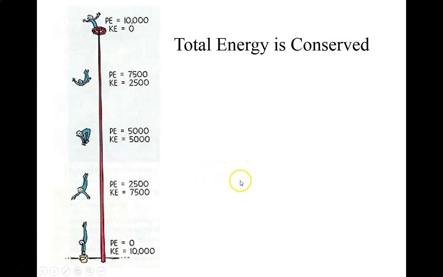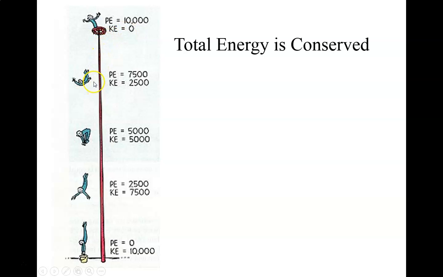So just to throw some numbers at this, here we've got a person at the top of a big tall tower. They're starting out with 10,000 joules of gravitational potential energy, and initially their kinetic energy is 0 because they're not moving.